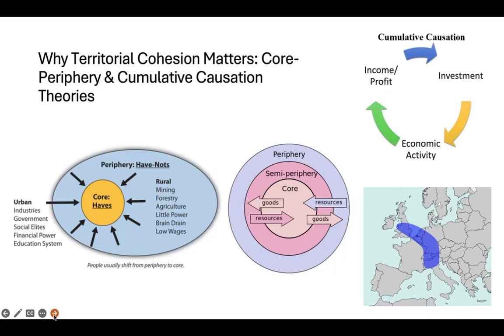And therefore, as a result, the European Union's territorial cohesion policies like the Cohesion Fund, the European Regional Development Fund, are designed to counteract the negative impacts of core periphery dynamics and cumulative causation within the core. And what it helps is to direct funds and development projects into those peripheral areas. In that way, they'll attract investment and improve the infrastructure.